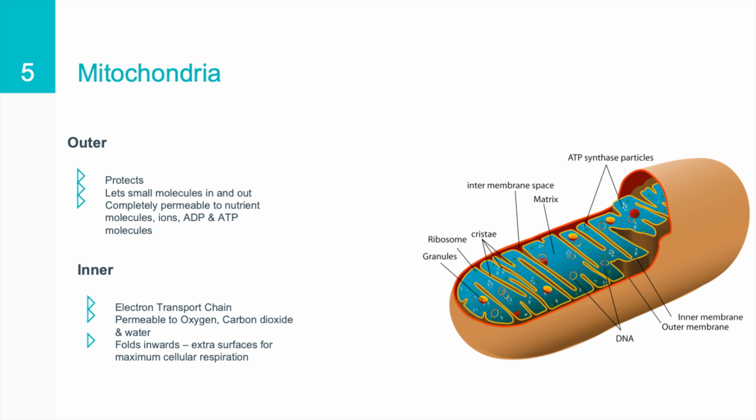The inner membrane is only permeable to carbon dioxide, oxygen, and water. The matrix contains enzymes that are important for the synthesis of ATP molecules, special mitochondrial ribosomes, tRNAs, and mitochondrial DNA, which is the mitochondria's own DNA for protein synthesis.